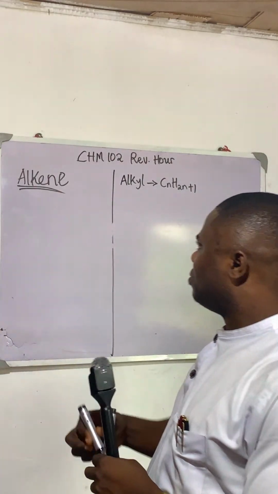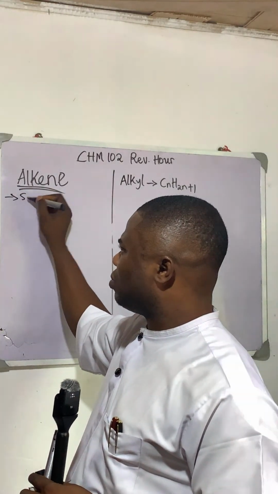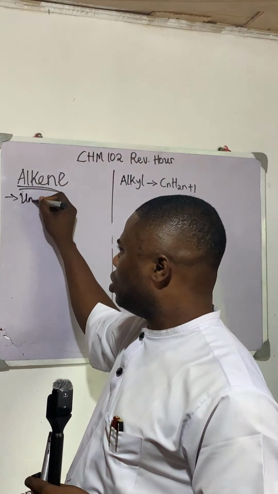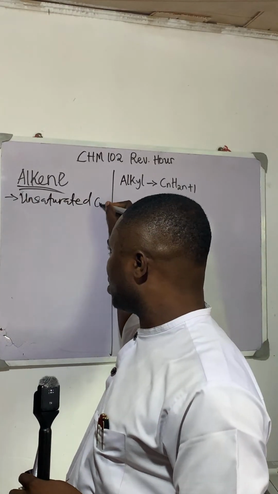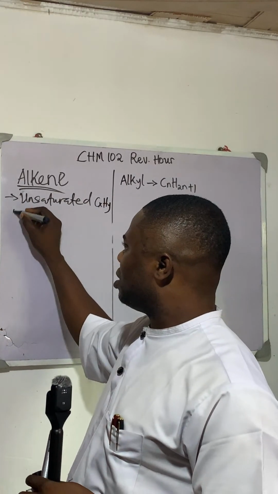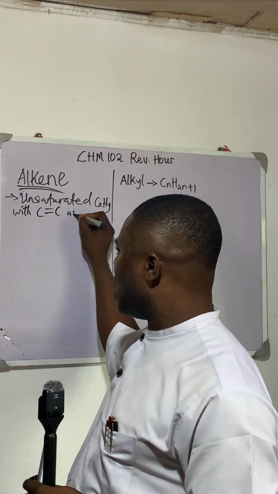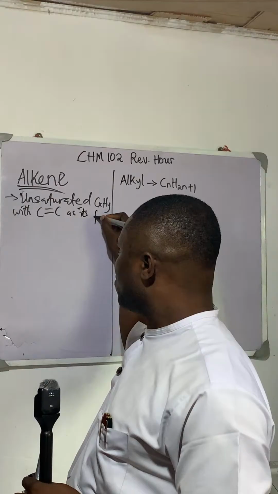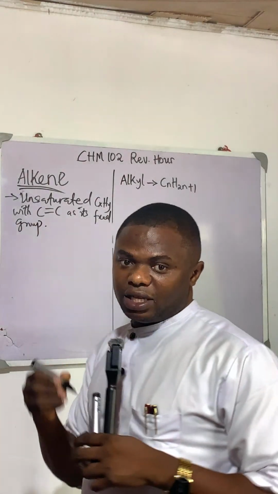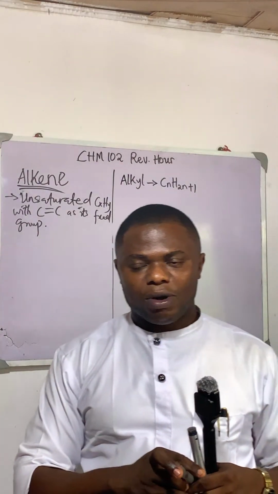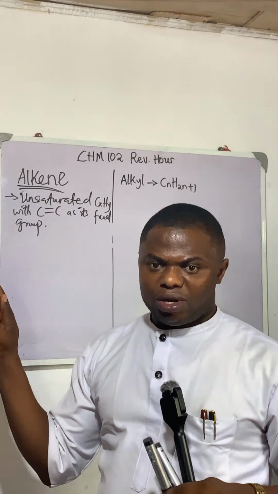Now, here, you are part of the word unsaturated. Alkene is an unsaturated hydrocarbon with carbon-carbon double bond as its functional group.